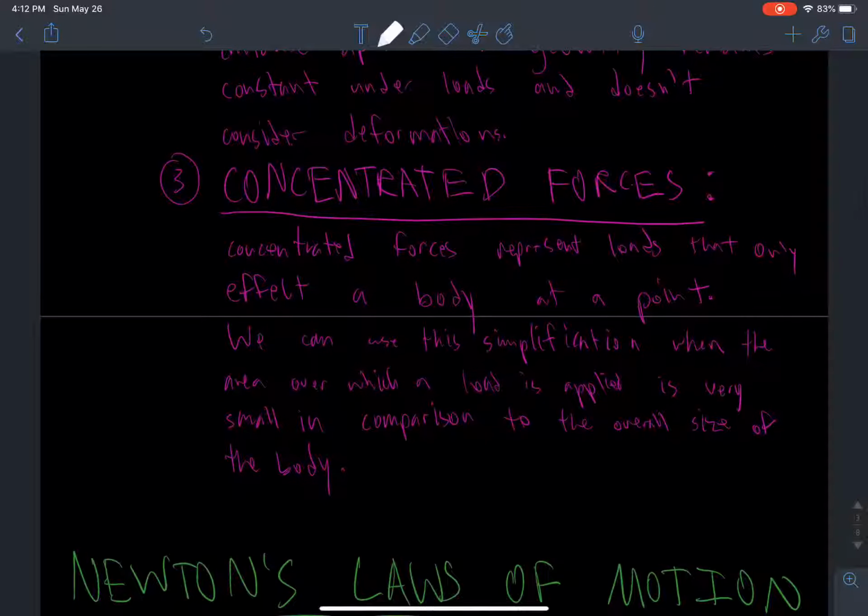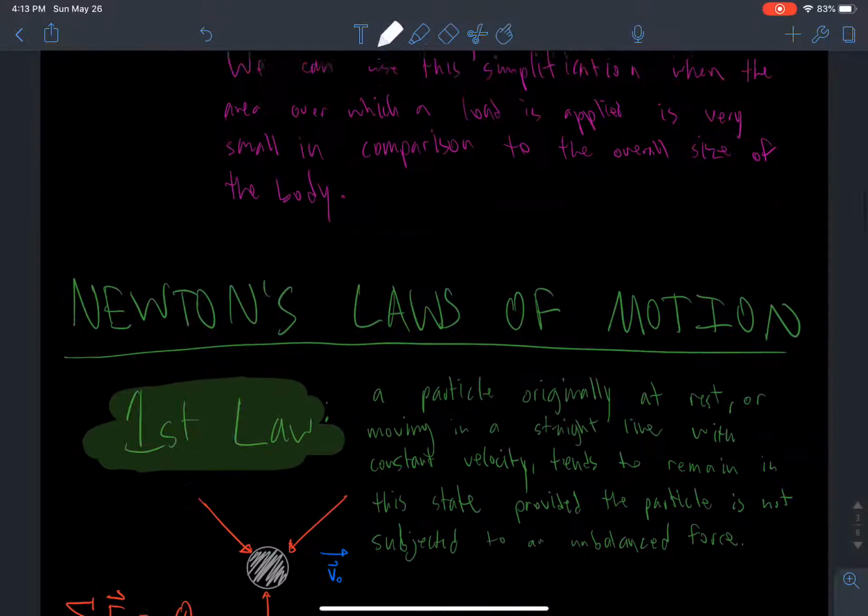So if you have a car or like a truck and you're pushing on the back of it with just like one hand, or you're pulling something with just a hook and it's like a big old fish or something, then you can use a point simplification easily, and you'll get accurate results that way.